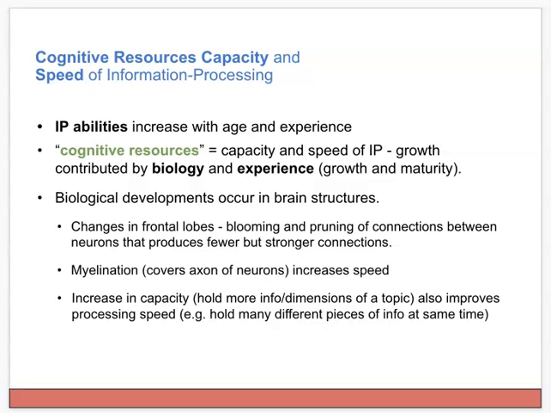Increase in capacity, hold more information of a topic, also improves processing speed. So when children are very young, they may only be able to hold 1 or 2 pieces of information in their head to think about at the same time. But as you get older, you're able to think about many different things at one time. And because you can do that, you can process things faster.